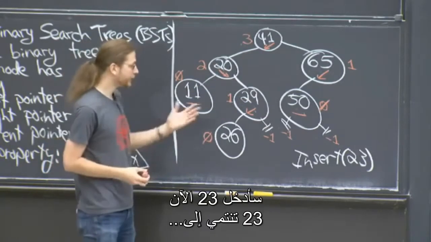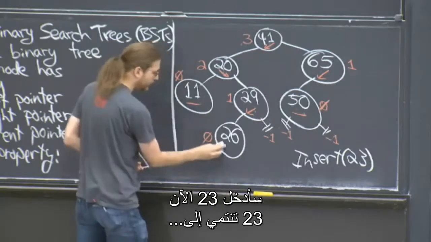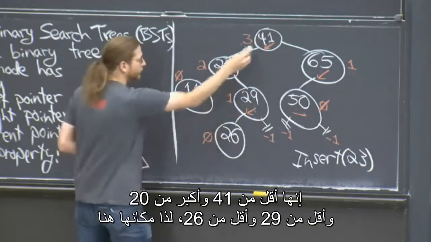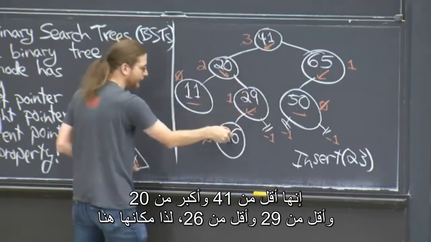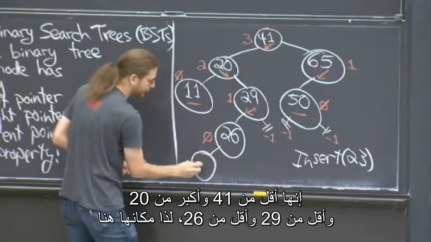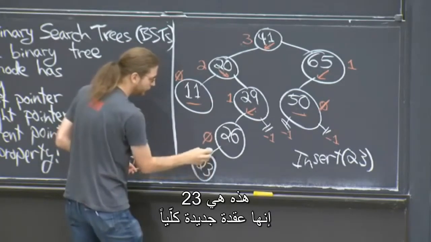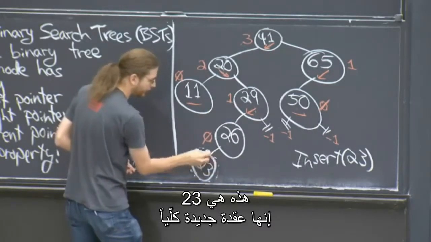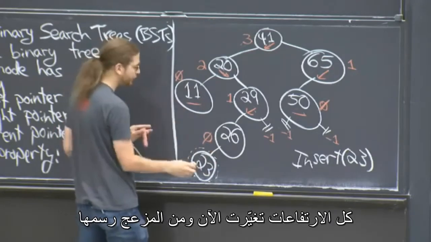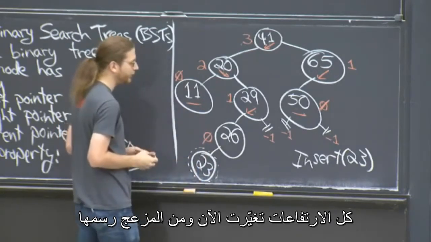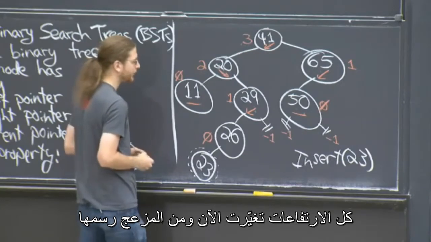Now insert 23. 23 is less than 41, greater than 20, less than 29, less than 26. So it belongs here. Here's 23, a brand new node. Now all the heights change, and it's annoying to draw what the heights are, but I'll do it.